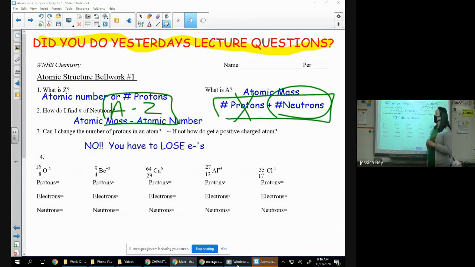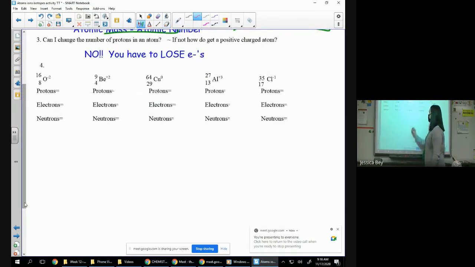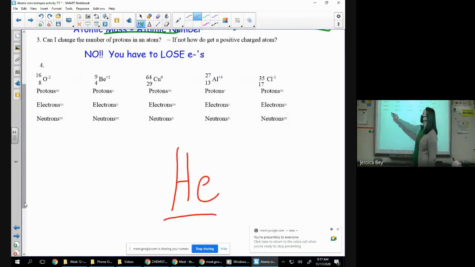So what I'm going to do here is help you set up the first one, and then I'm going to pause, and you are going to do the rest of them by yourself. So remember our full atomic symbol. I'm just going to use helium as an example. You write the symbol in the middle. So that's telling you this is O for oxygen, B for beryllium, C for copper.